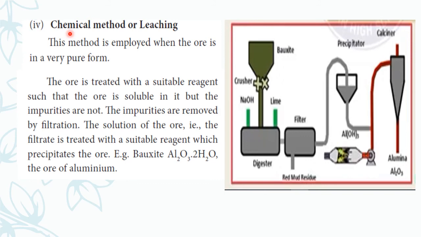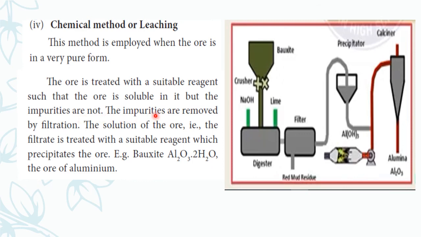The last method is chemical method or leaching. This method is employed when the ore is in a very pure form. The ore is treated with a suitable reagent such that the ore is soluble in it but the impurities are not.